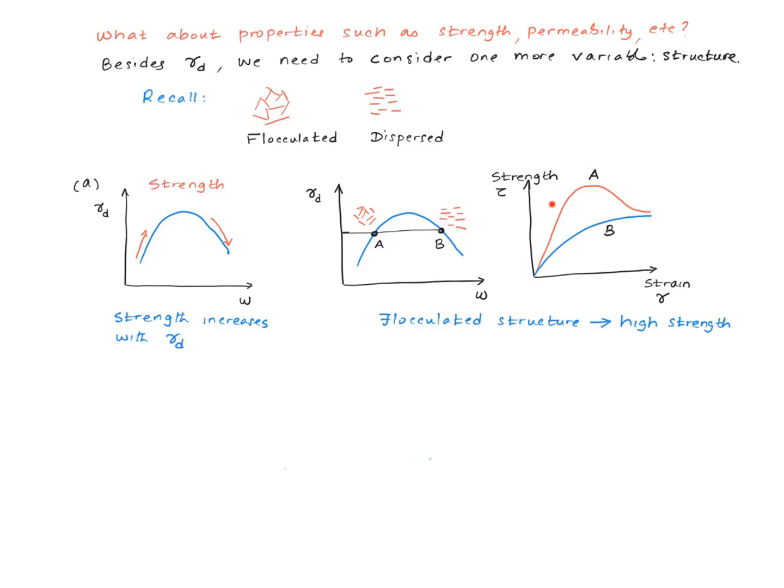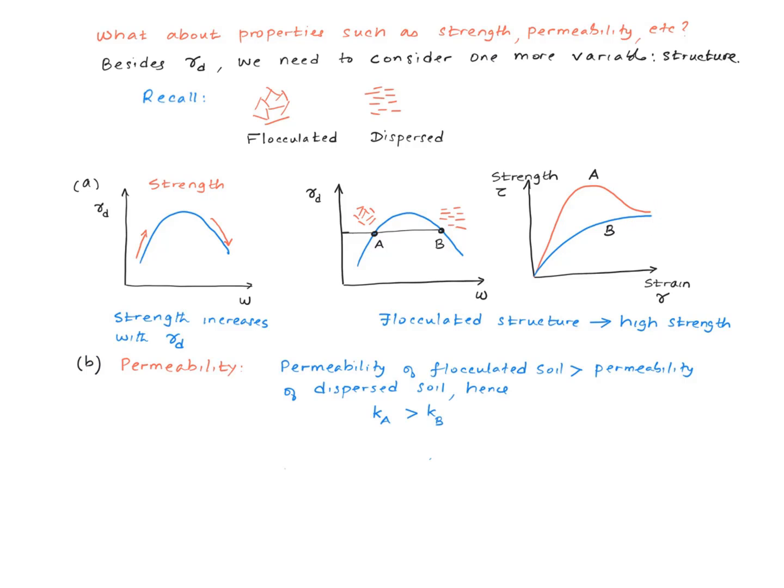So here is a comparison of the stress-strain curves for these two soils, and the soil with the flocculated structure tends to be a little stiffer, so its peak strength is a little higher than the peak strength for the soil with the dispersed structure, but they all tend to reach the same shear strength in the end.